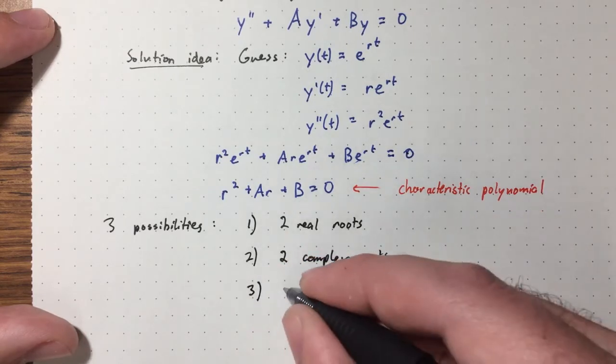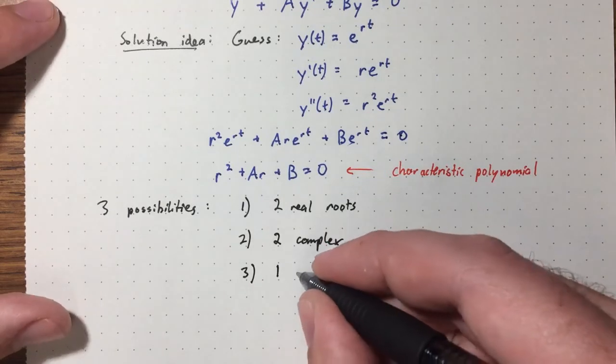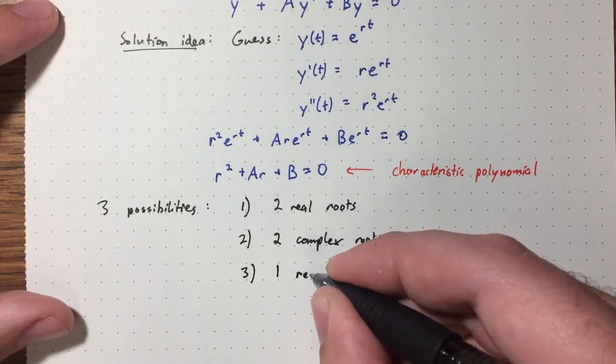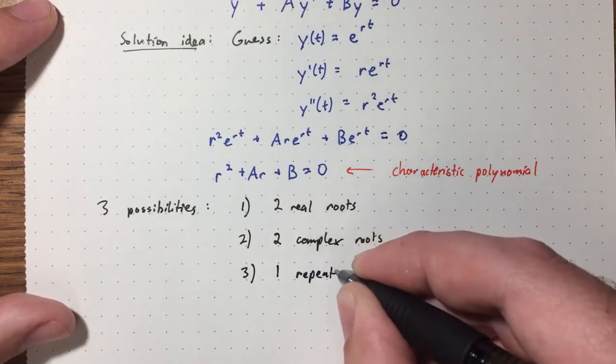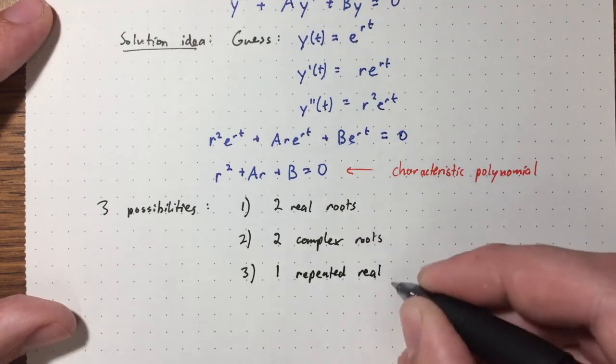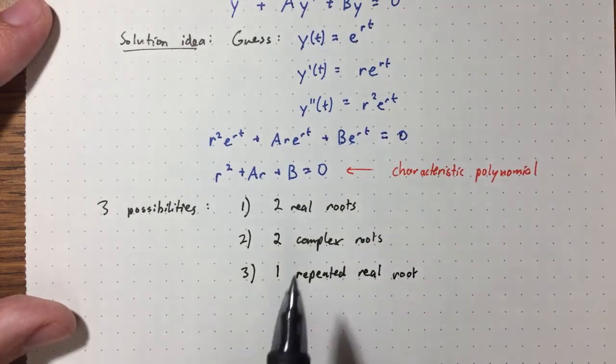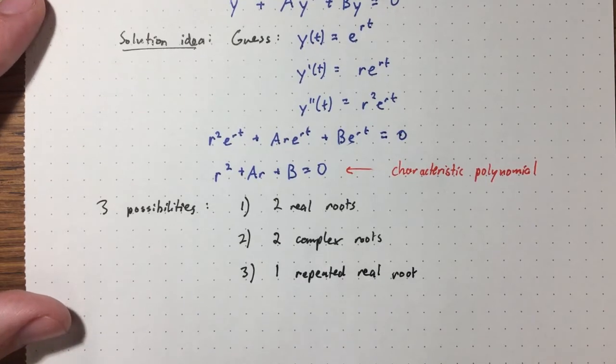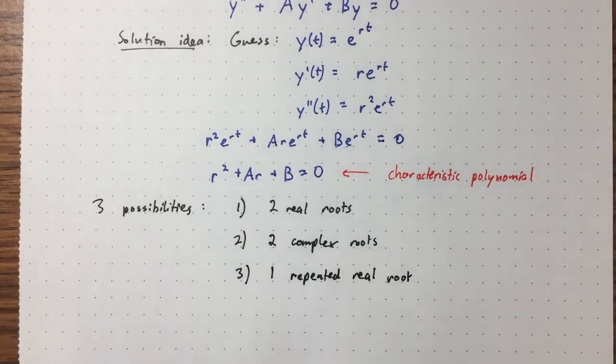And the third possibility is sometimes a quadratic only has one real root, but it's repeated. So one repeated real root. It turns out you cannot have one repeated complex root. That's not possible. So if you have a double root, it has to be real.